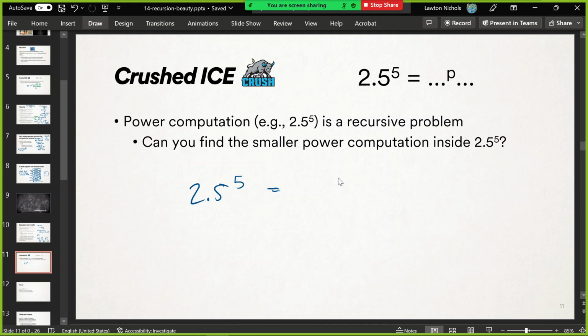All right, do we see it? 2.5 to the 5 is equal to 2.5 times 2.5 times 2.5 times 2.5 times 2.5. So where's the smaller power computation? Do we see it?